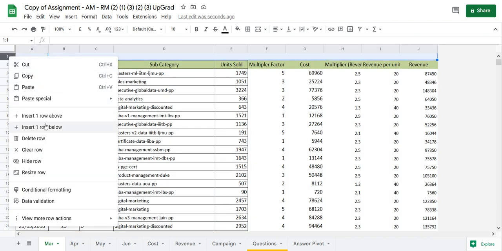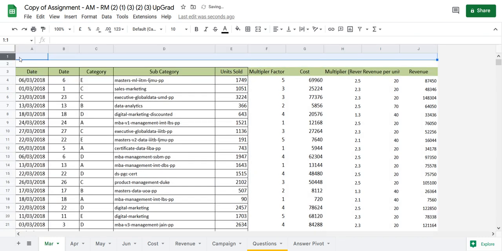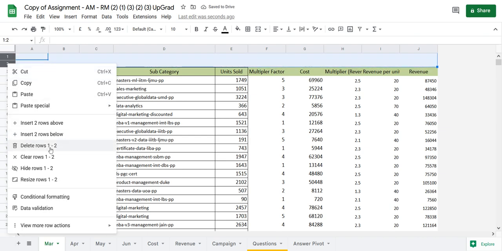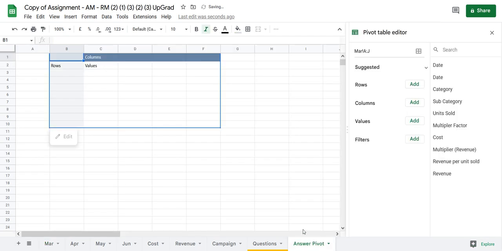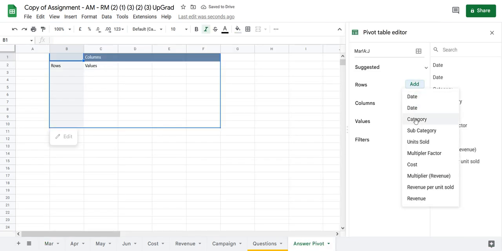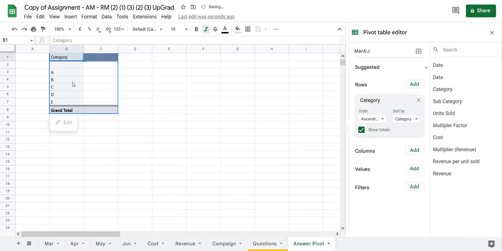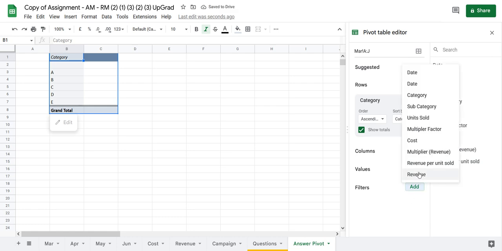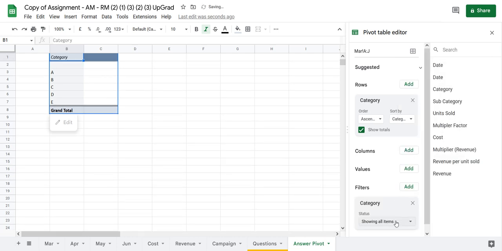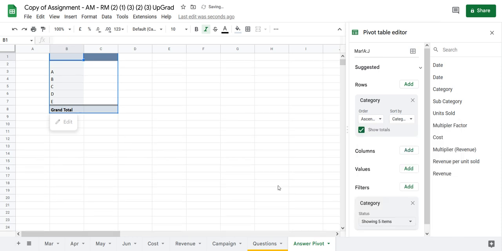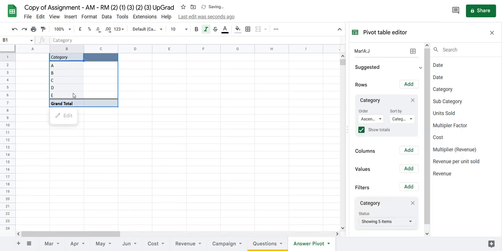We can delete this particular row actually. So we will add categories in rows. We will add one more filter in category and remove blank. Basically 5 categories are there: A, B, C, D, E.